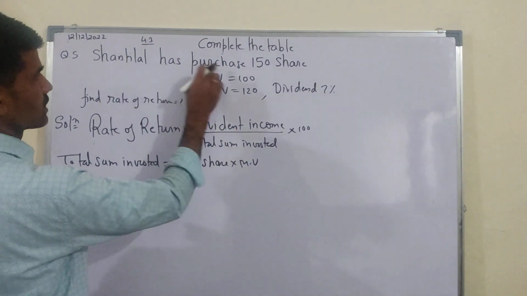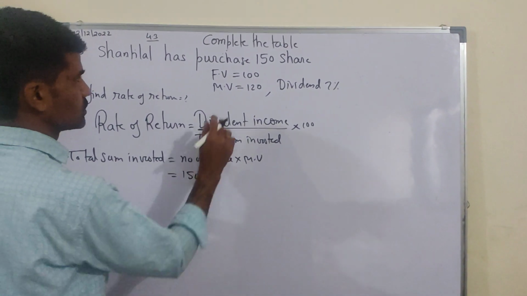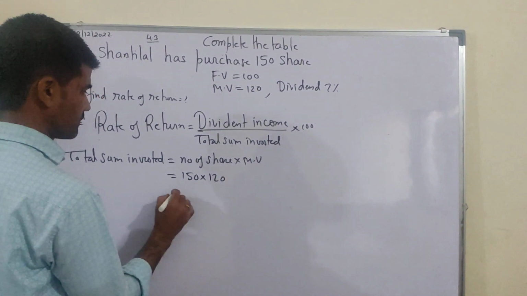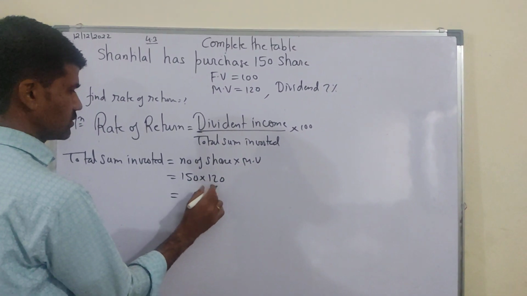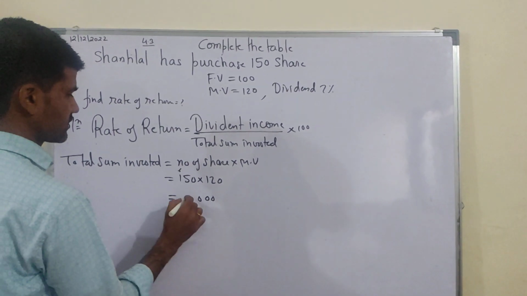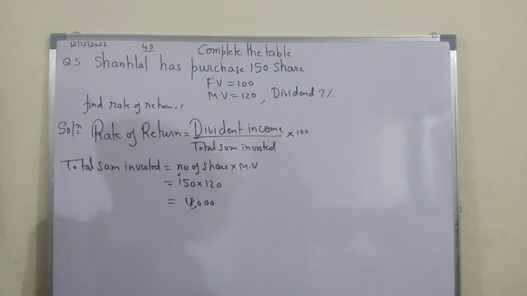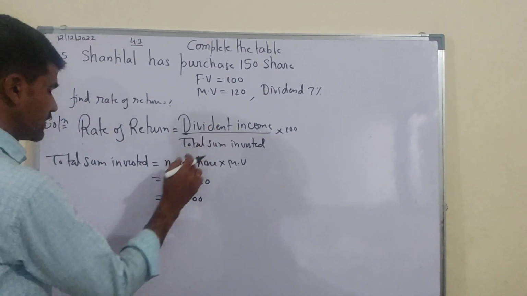Number of shares Shanti Lal 150. Market value 120. 12 5s are 60. 12 1s are 12 plus 6, 18. Total sum invested 18,000.